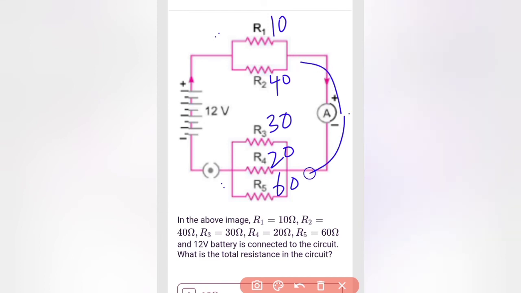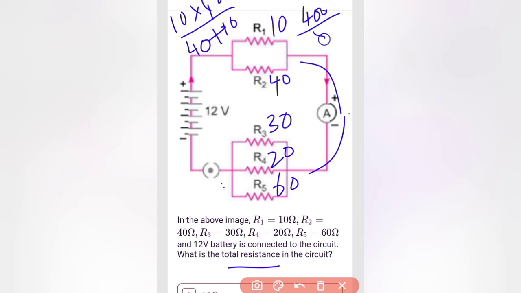So what is 10 into 40 divided by 10 plus 40? 400 divided by 50, it's going to be 8. So here the resistance is 8.